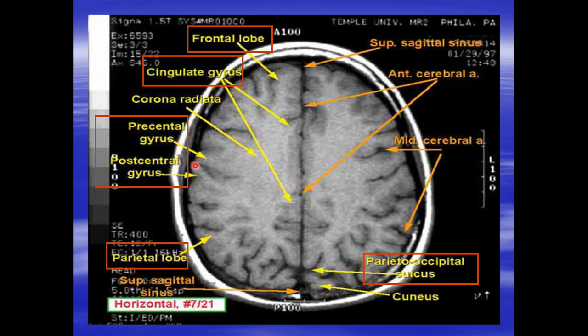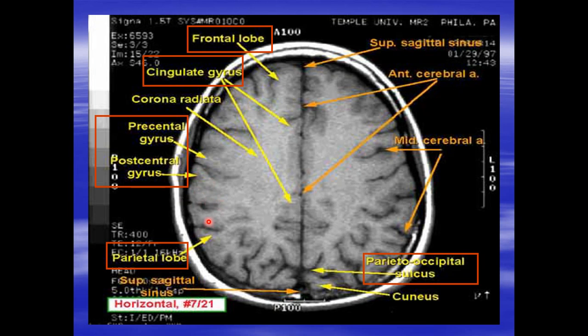Anterior to the central sulcus, we have this gyrus, which is called the precentral gyrus, and it is important for the sensory information, while posterior to it is the postcentral gyrus. Here you can see the postcentral gyrus, and it is mainly for motor movement.